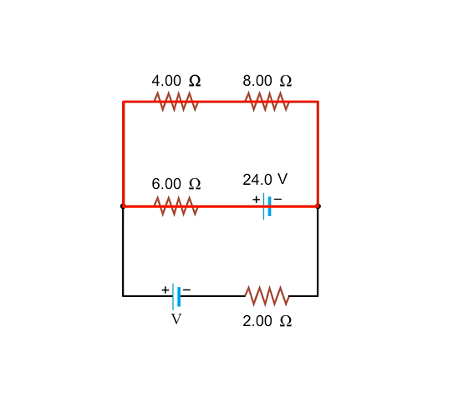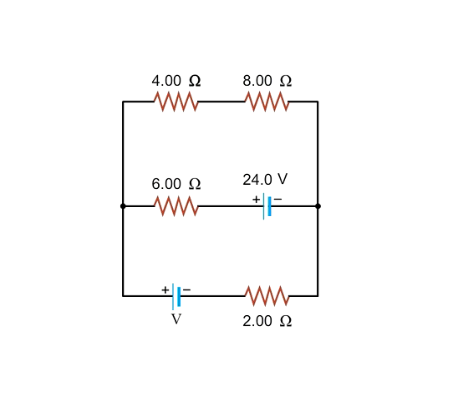Another loop is the top loop consisting of the 6-ohm, 4-ohm, and 8-ohm resistors and the 24-volt battery. The third loop is the outer edge of the circuit consisting of the 4-ohm, 8-ohm, 2-ohm resistors, and the battery of unknown voltage.